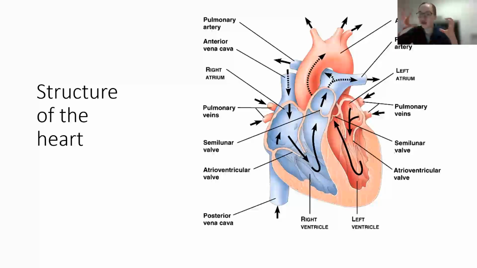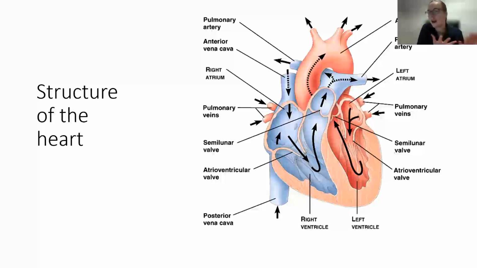The atrium is going to contract, increase the pressure, and force blood through the atrioventricular valves into your ventricles, okay? Then your ventricles are going to contract and force blood up into your arteries, so your pulmonary artery on the right side of your heart and your aorta on the left.